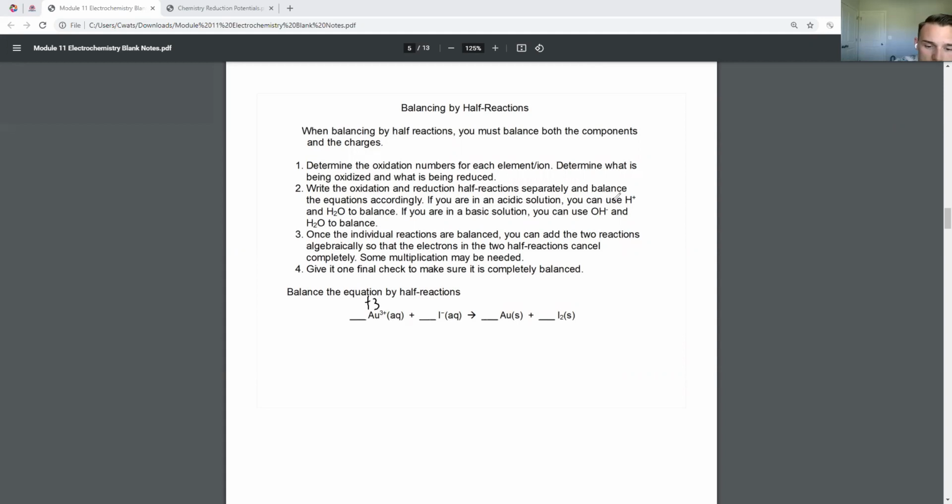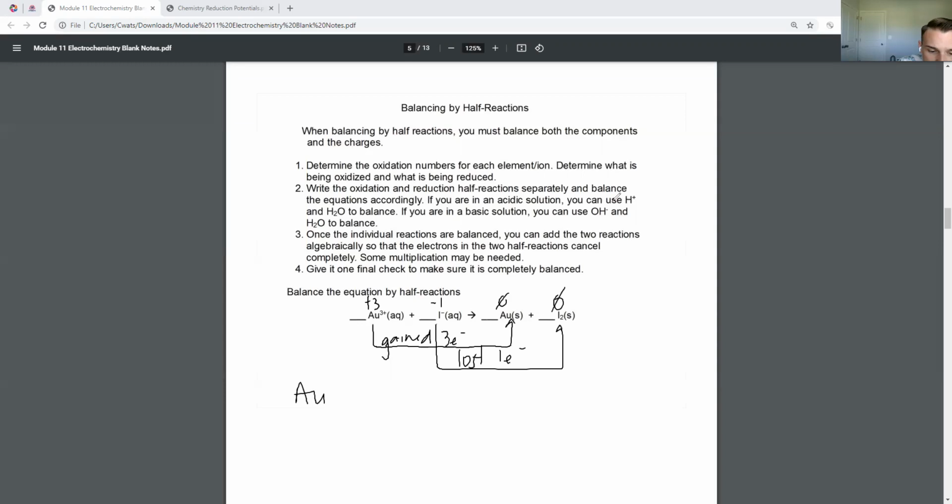So this is +3, this is -1, that's 0, that's 0. Next, we want to figure out what's being oxidized and what's being reduced. So gold gained 3 electrons. Iodine lost 1 electron.